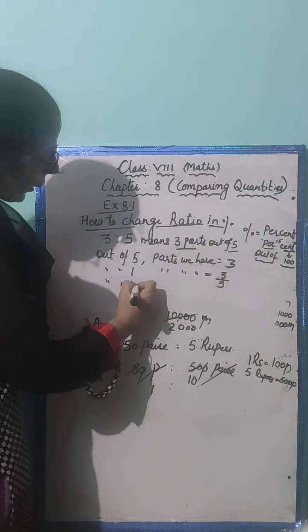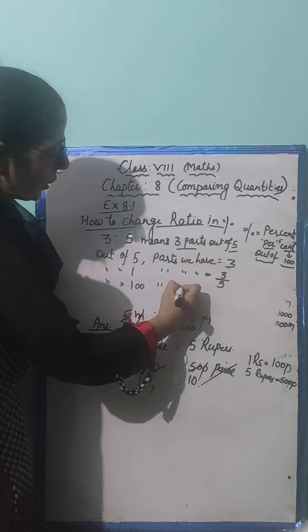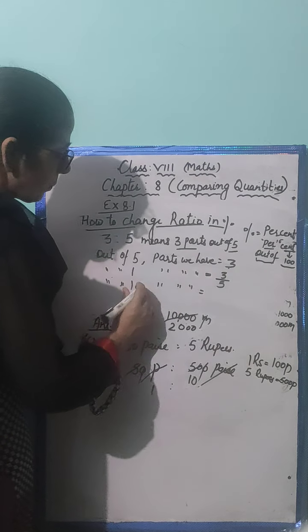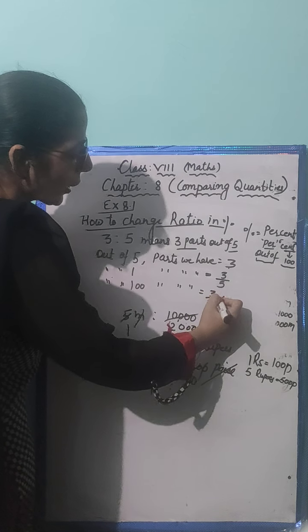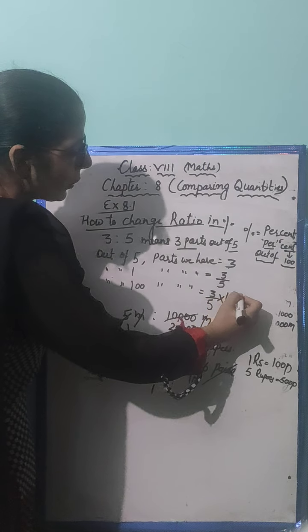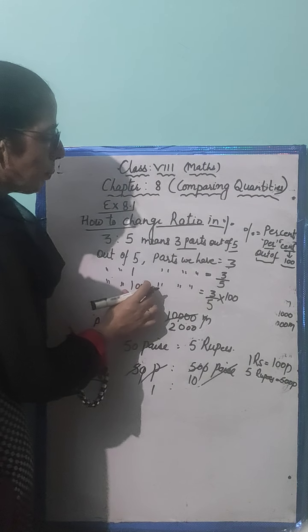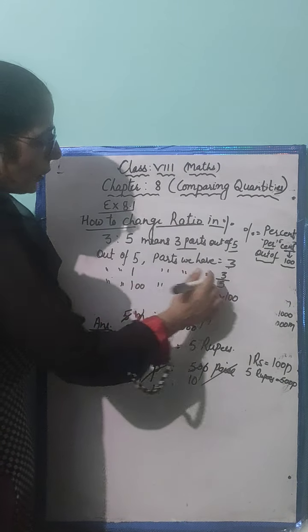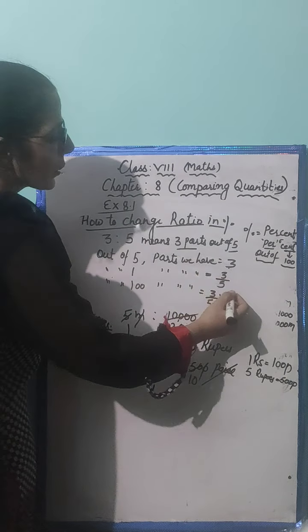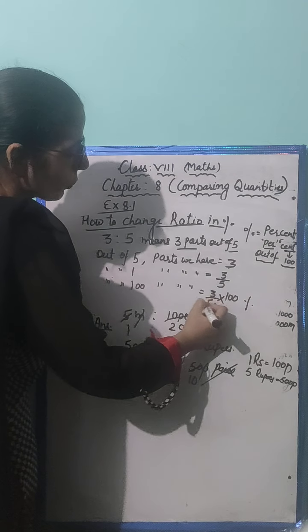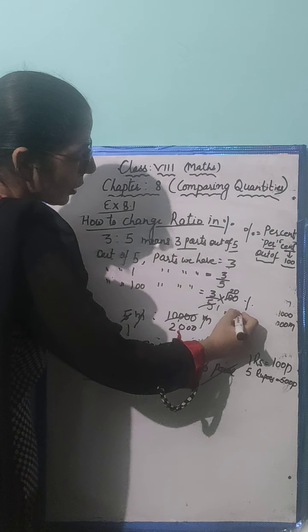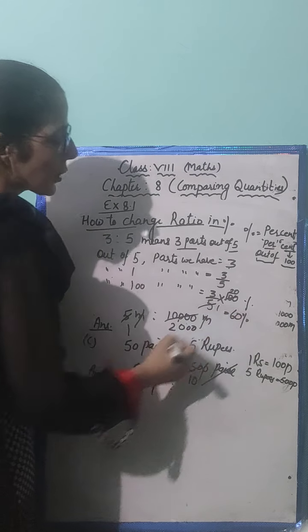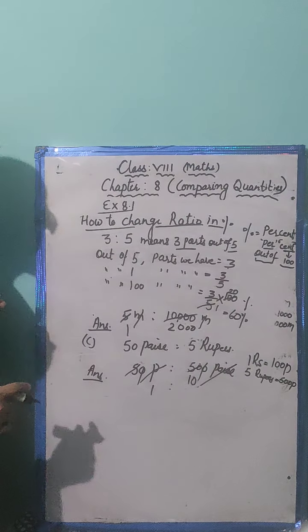Out of 100 how many parts do we have? We will just multiply it with 100. 3 by 5 into 100. And whenever we are multiplying with 100, we will be getting the percentage part. So 5, answer is 60%.